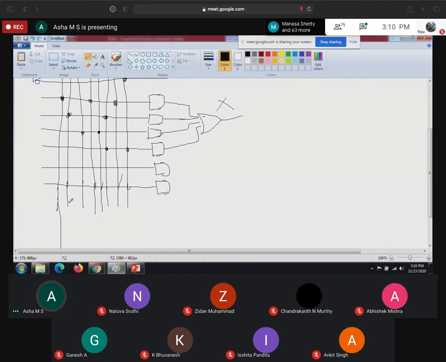So we need to take 4 AND gates for each OR gate. Because the 4 input OR gate is fixed for this particular problem, you cannot change it.